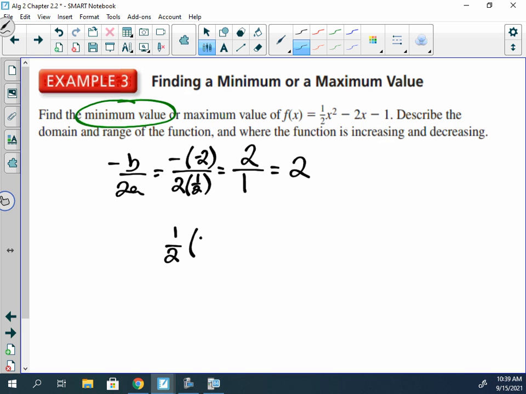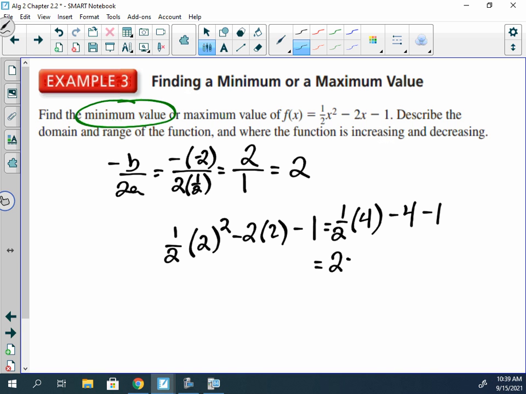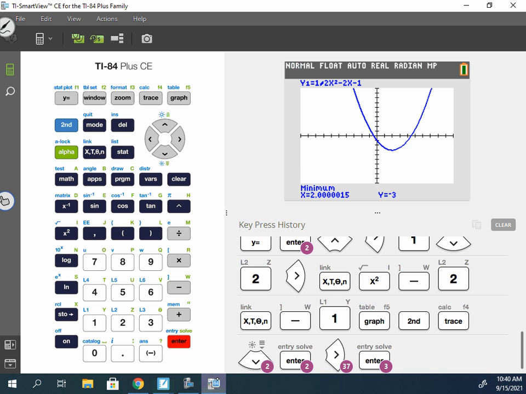We can plug it in. 1/2 times 2 squared minus 2 times 2 minus 1. 2 squared is 4, negative 2 times 2 is negative 4 minus 1. 1/2 of 4 is 2. Negative 4 minus 1 is negative 5. 2 minus 5 is... wait a minute. Isn't that what it told us? It gave it to us.